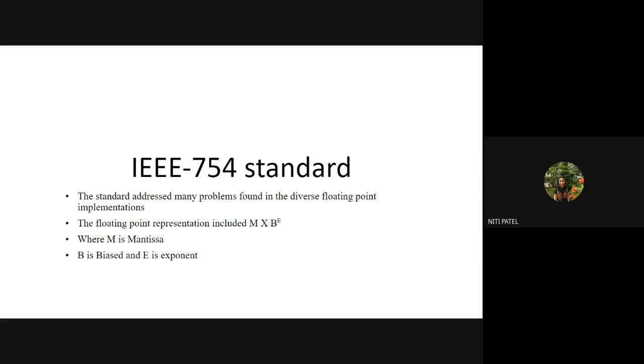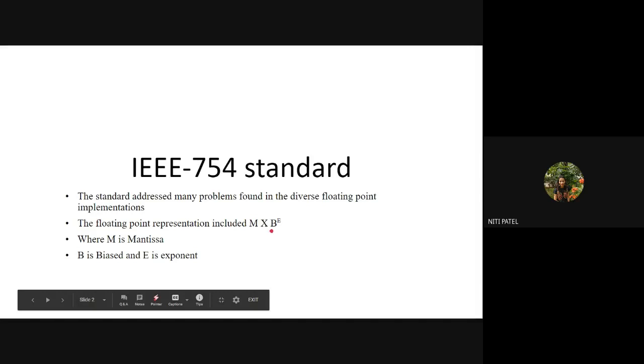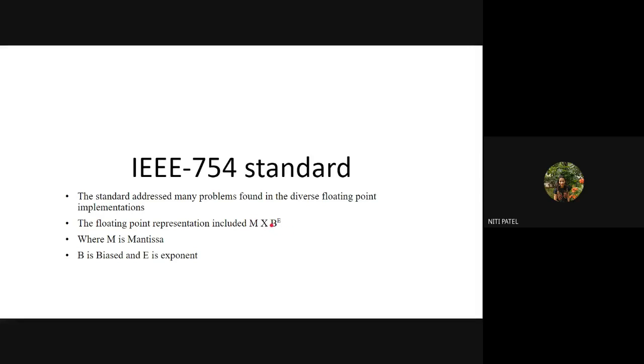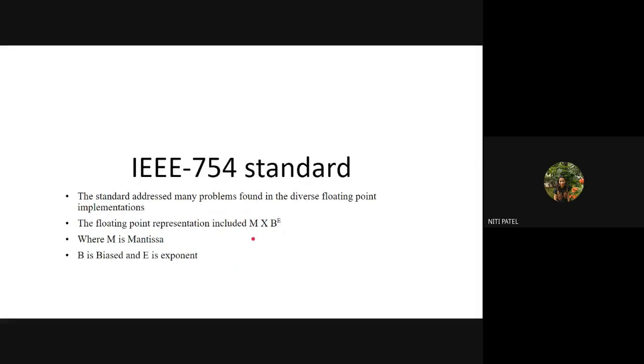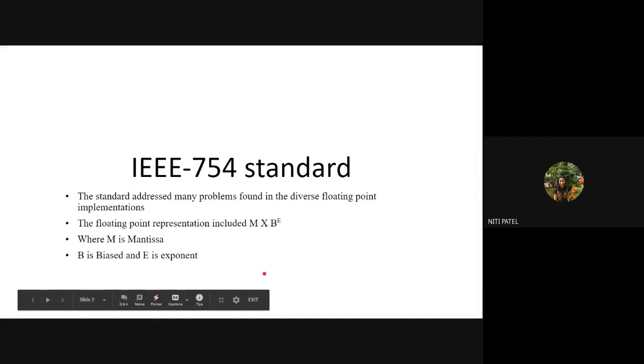If you remember, the format of floating point representation was something like this: m into b raised to e, where m was mantissa, b was our base, that is biased, and e was the exponent. So I had given you one question where it was asked to you to identify what is m, what is your biased, and what is your exponent. But if we follow that floating point representation, we were not getting the actual result for whichever number was given as input.